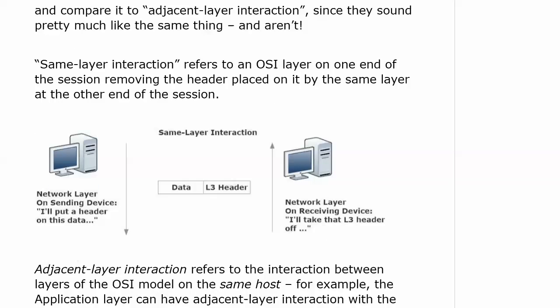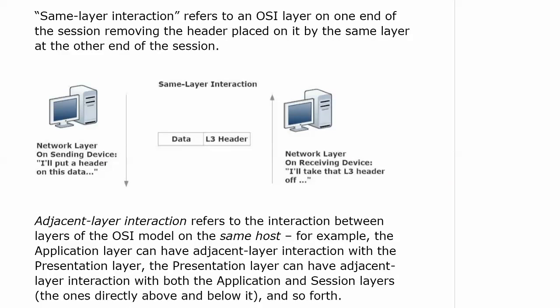Let's take a look at the difference. Same layer interaction refers to an OSI layer on one end of the session removing the header placed on it by the same layer at the other end of the session. So when the network layer on the sending device puts a header on that data, and the receiving device takes that layer 3 header off, that's what we refer to as same layer interaction.